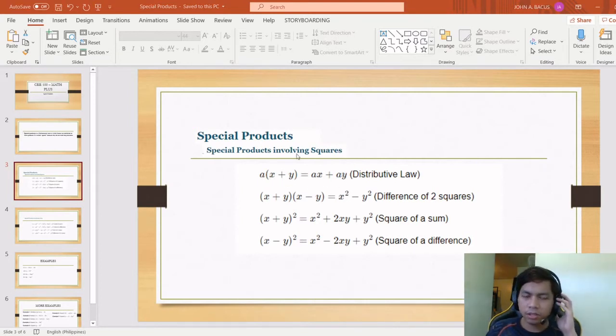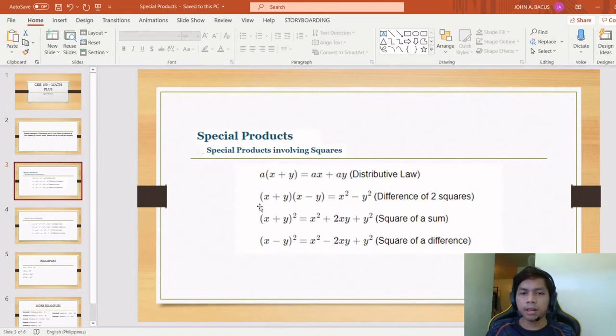Next is the difference of two squares. We can say that this is a difference of two squares since, look at this sign here, x squared minus y squared is x plus y and x minus y. If you see something like this, that's automatically x squared minus y squared.